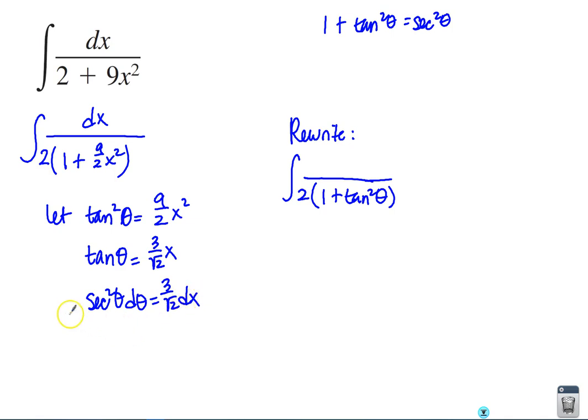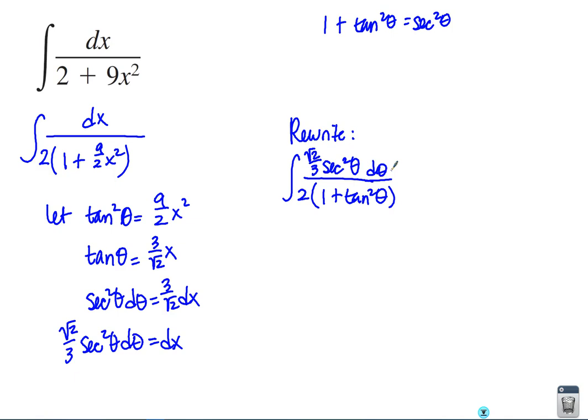So I'm going to multiply it by the reciprocal and say that root 2 over 3 secant squared theta d theta is equal to dx. So now I can replace my numerator with all of this. So I've got root 2 over 3 secant squared theta d theta.